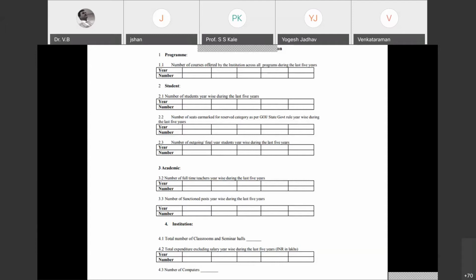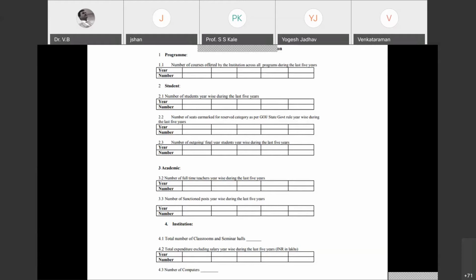As you can see, the next question is 2.1, criteria number 2, under which you have 3 data to be given. Under criteria number 3, you have 2 data. And criteria number 4, you have again 3 more data to be given. These are the data that you have to provide under this extended profile of an institution.